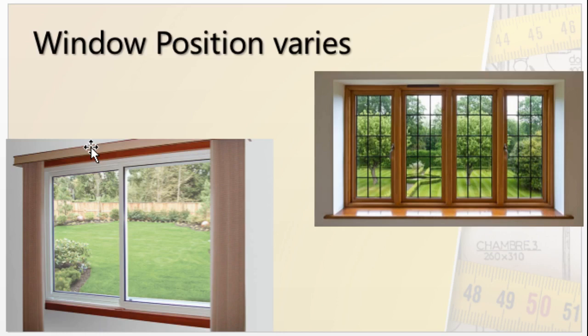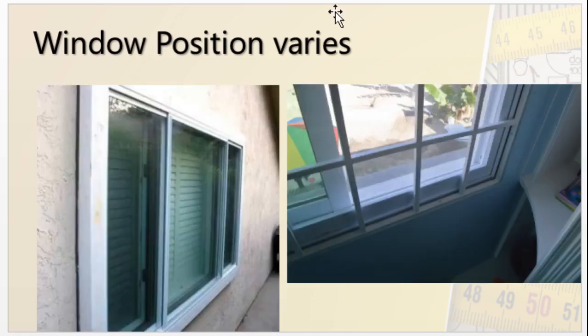So to talk about window position, the window position actually varies. If you see this window position, it is placed very much on the exterior side of the wall, and this one is almost in the middle portion of the wall. And sometimes we use a grill over the window.